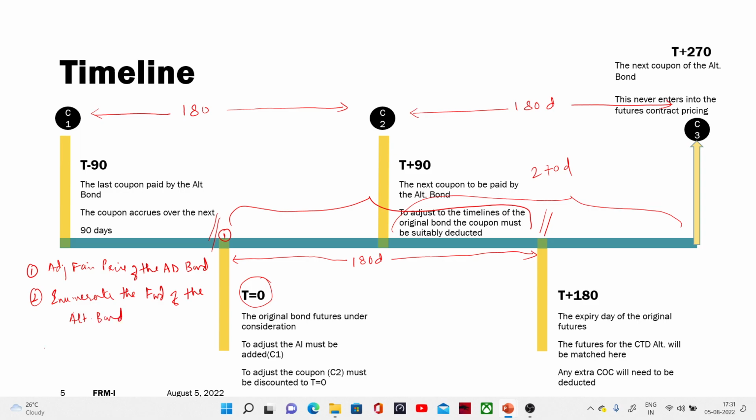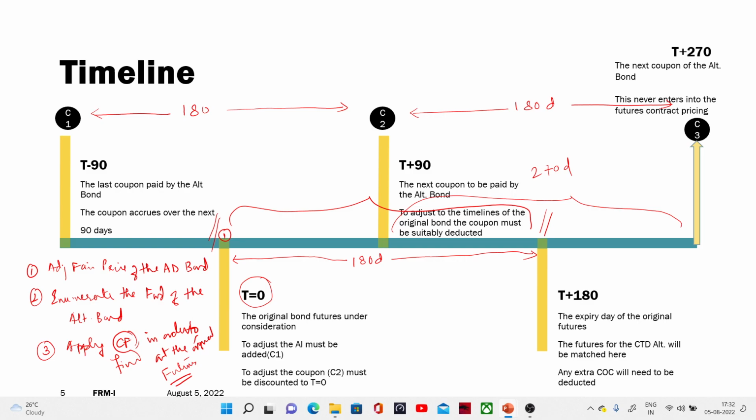And then step number 3, of course, apply the conversion factor in order to find out the original futures, right? Okay.